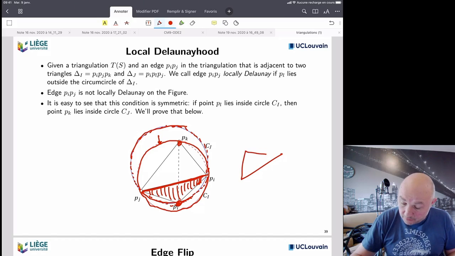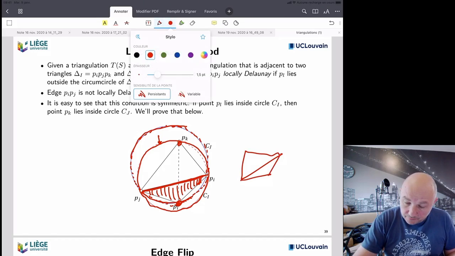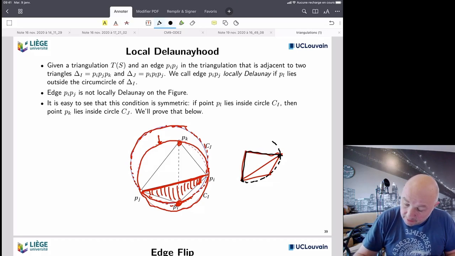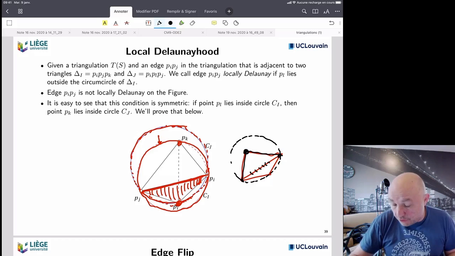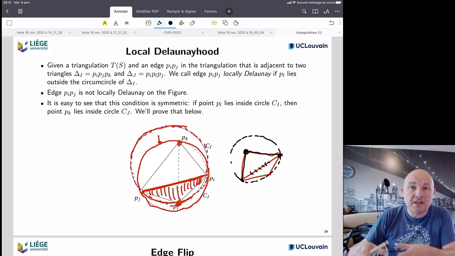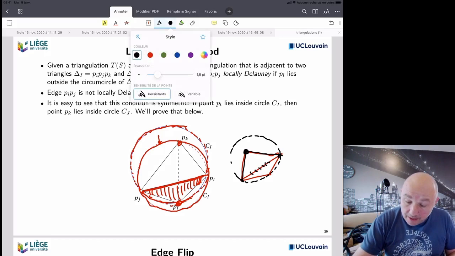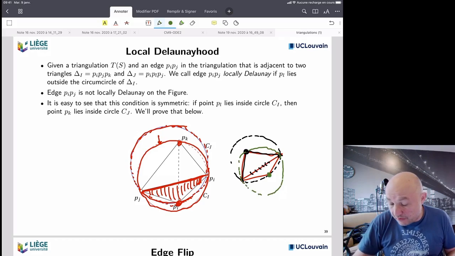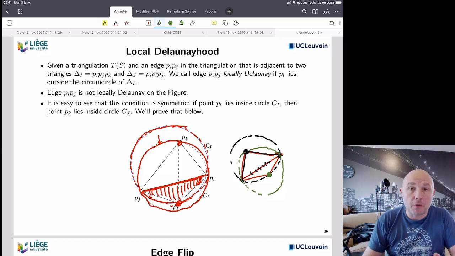So if you have two triangles like that, and I take the circumcircle of this triangle, which would look like that, if it contains that point, this edge here is not locally Delaunay. And this property is symmetrical. If now I draw the circumcircle of the other triangle, this one, then it contains that point. The green circle contains the other point. So it's a symmetrical property.